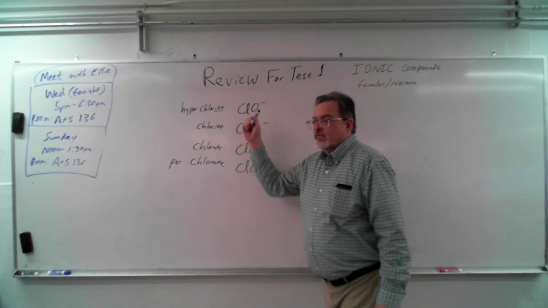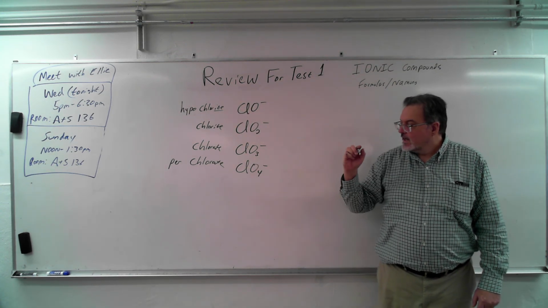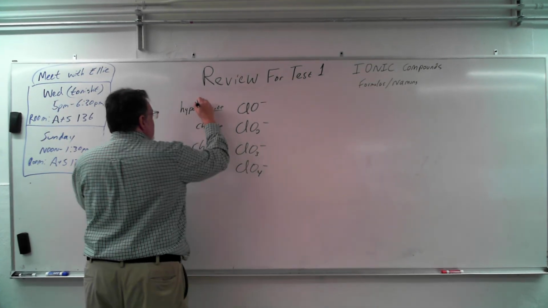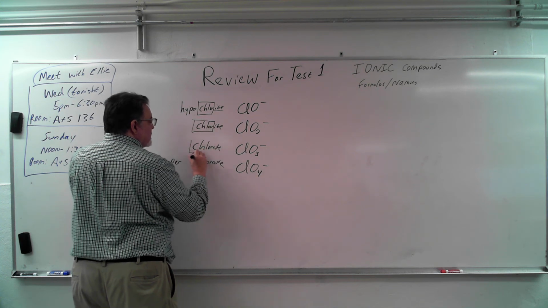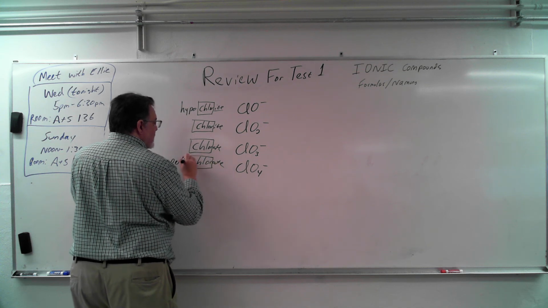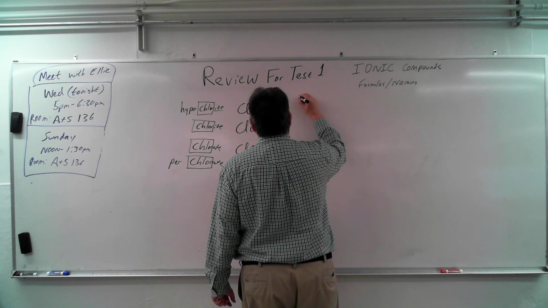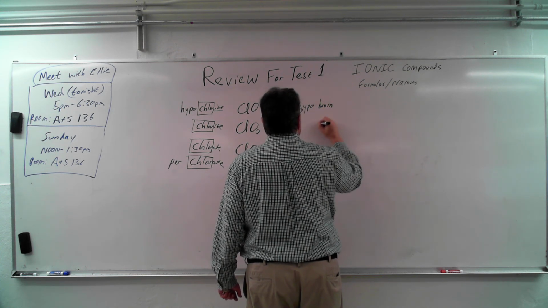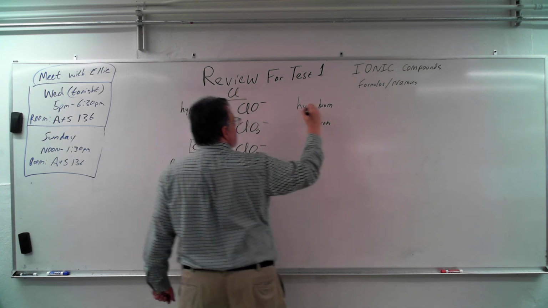So those are the names of these. Notice that they're all negative, one negative, and there's Cl there. I've got chlorite, chlorate. You can also have, this is for Cl.